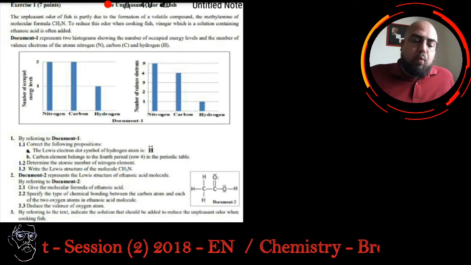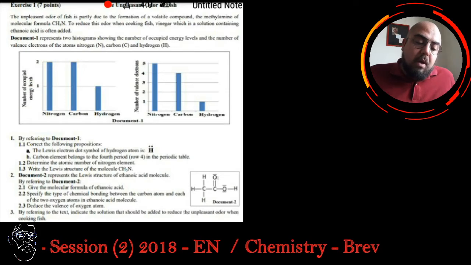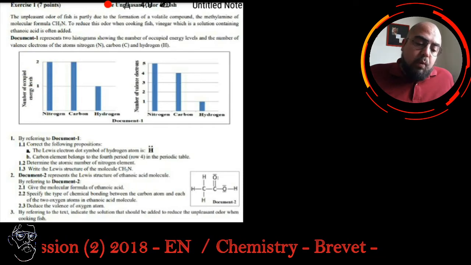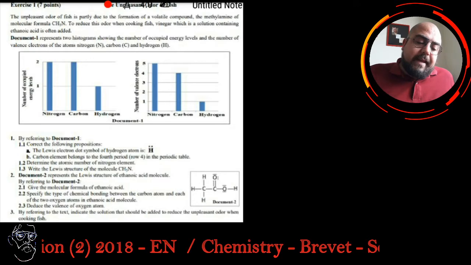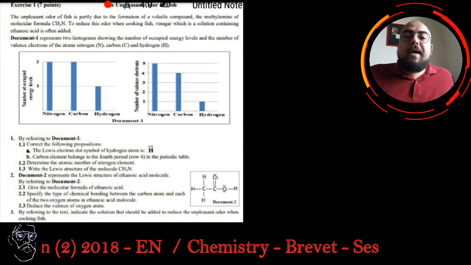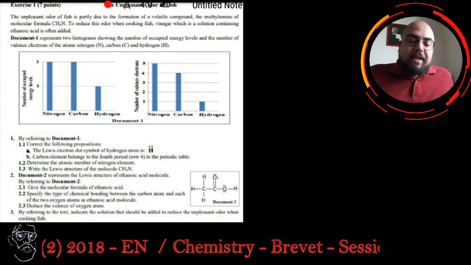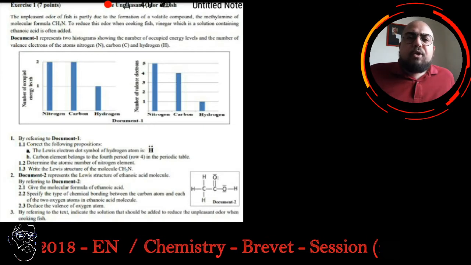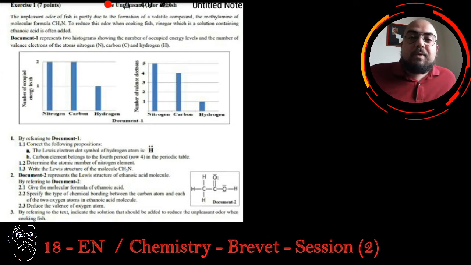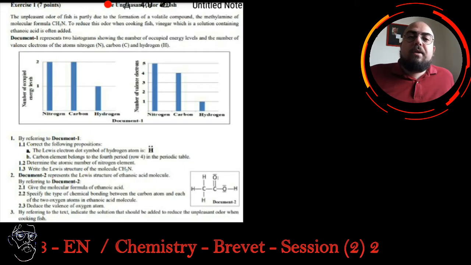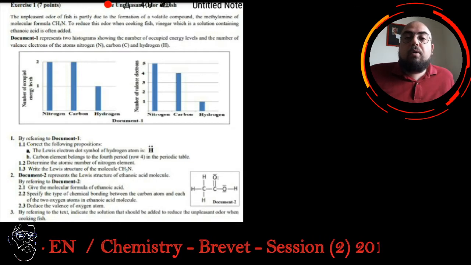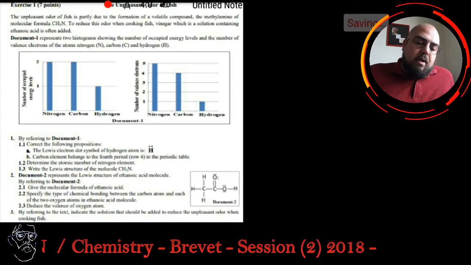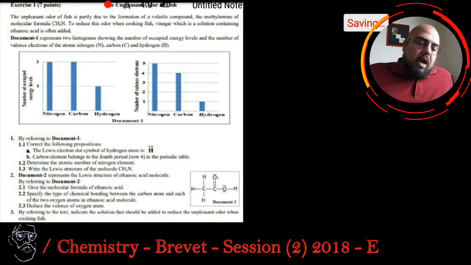As for hydrogen, it is one level, which is K, of course. On the right side of this document, we have the number of valence electrons. So nitrogen has 5 valence electrons, carbon has 4, and hydrogen has 1. So from this document we can deduce the electronic configuration of each atom.